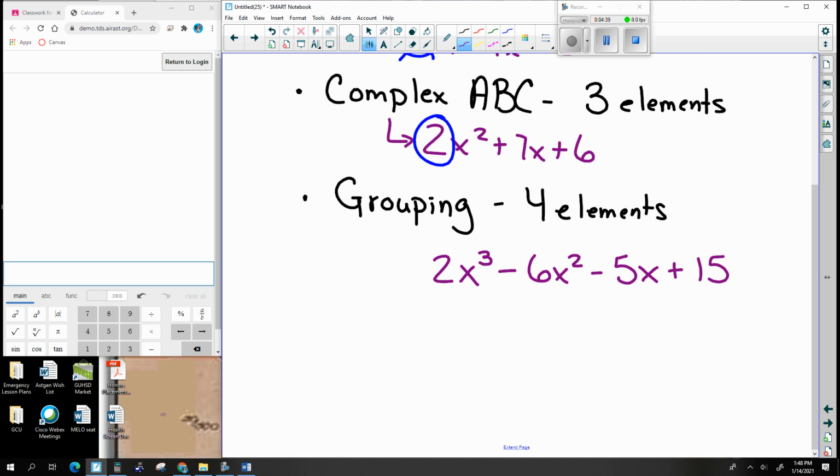So it'll be 4 elements, and that is grouping.